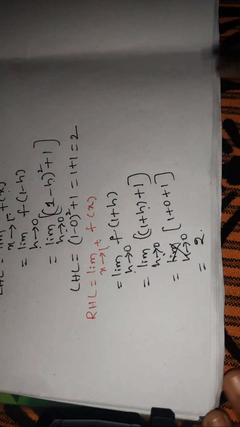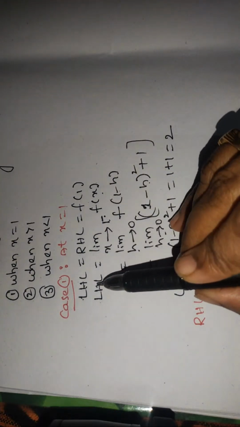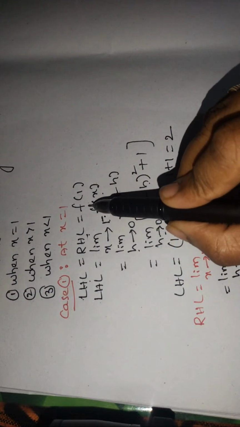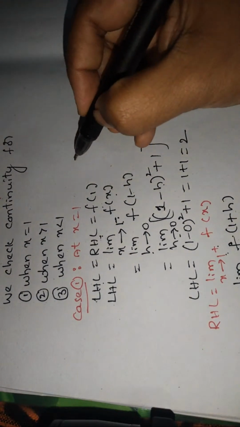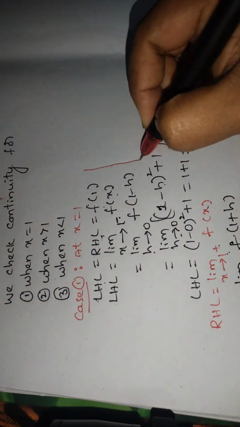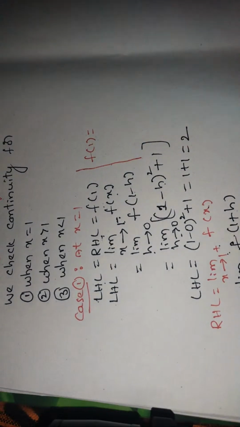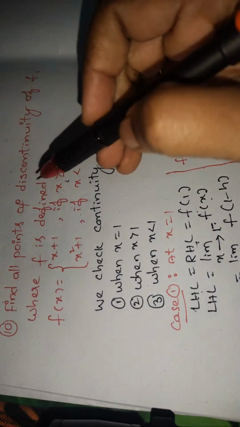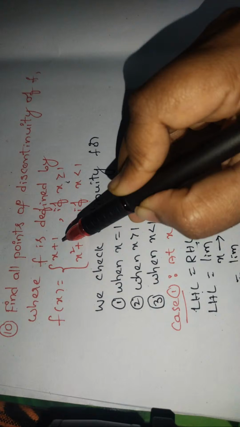Here we did LHL and got 2, RHL also we did and got 2. Now we want to find f of 1. For f of 1, we check the function. Here x is equal to 1, and at that time the function is x plus 1.